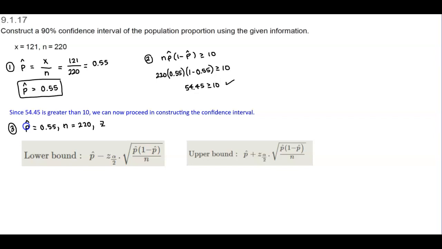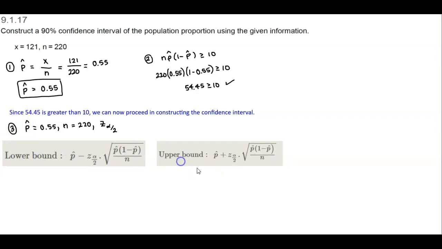Now we want to find z alpha divided by 2. Let's do that over here, and we'll call this step 4. We know it's a 90% confidence interval, so we take 100% and subtract 90% to get 10%.